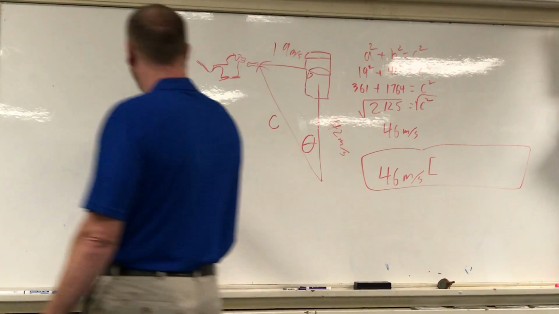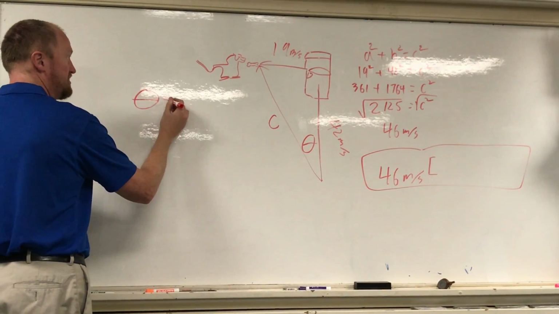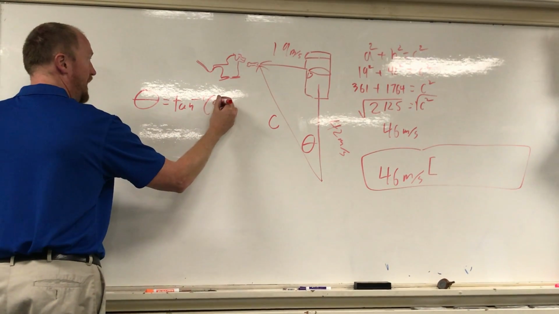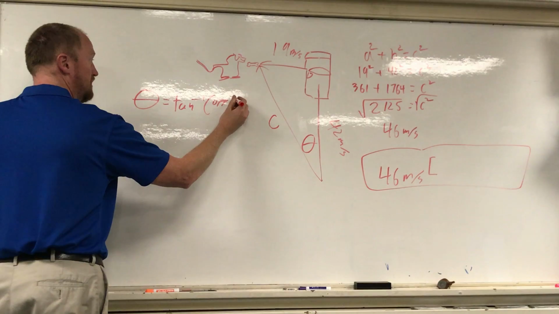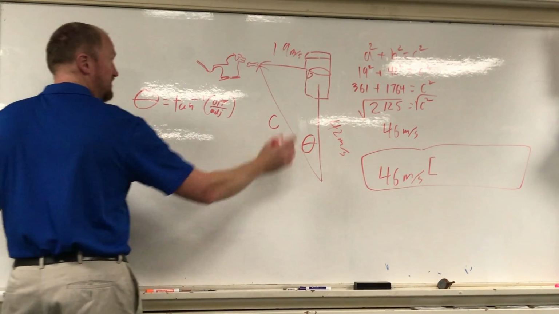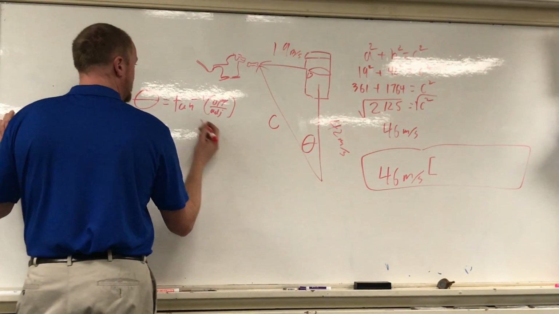Now, theta is equal to the inverse tangent of the opposite over the adjacent. In this case, the opposite is the speed you're throwing at, and the adjacent is the speed of your car.